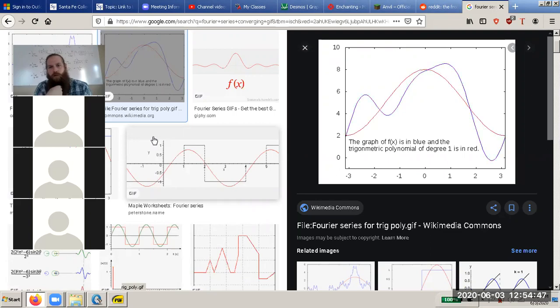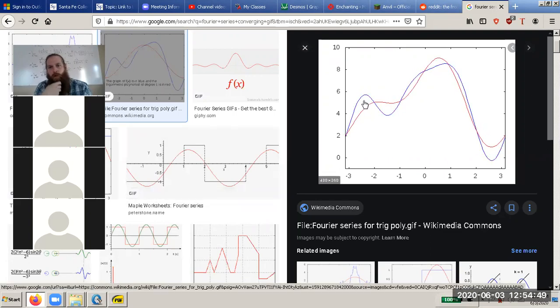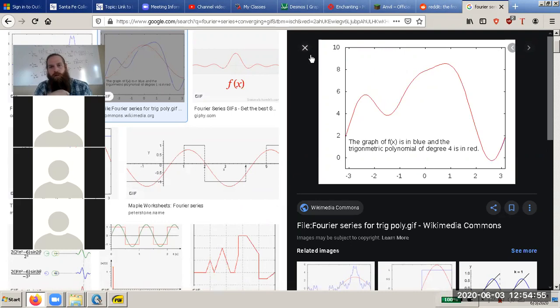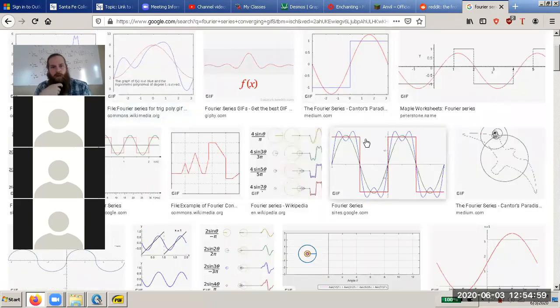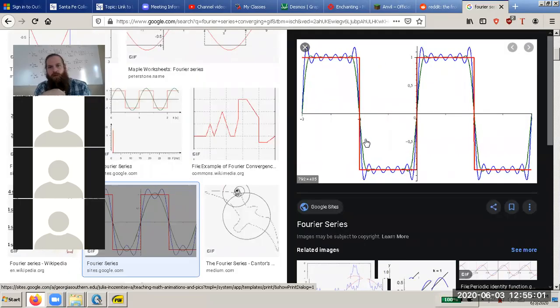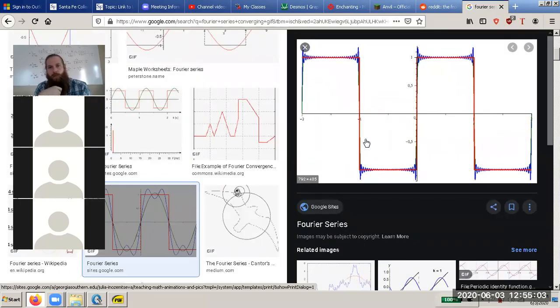The red function is a Fourier series for the blue function. Even if your function is discontinuous, like here the blue function is continuous, so the red function gets on it right away. Even if your function is discontinuous, here you see the blue getting closer and closer to the red. The blue is the Fourier series for the red.